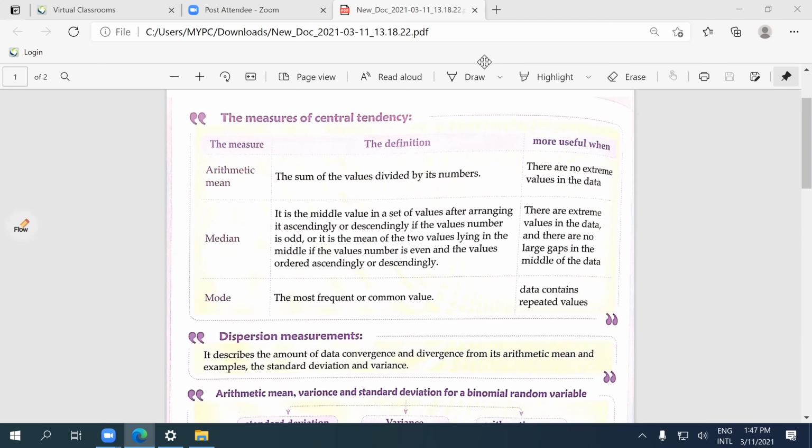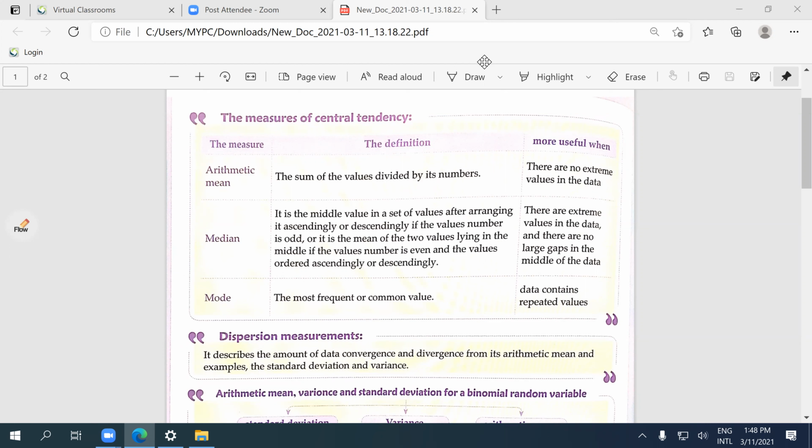If I'm talking, for example, about nationality, I have a multinational company and I need to get the measure of the center of tendency. I can't add Egyptian plus Saudi plus American. How can I add, over their number?